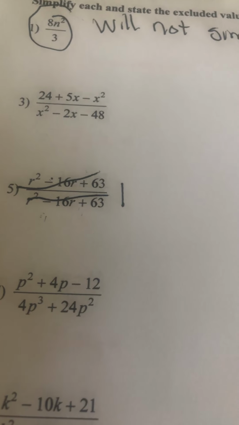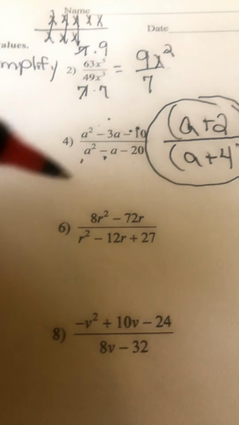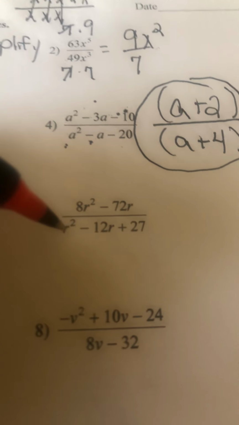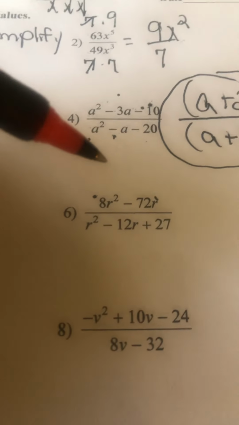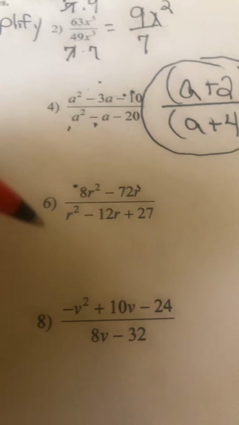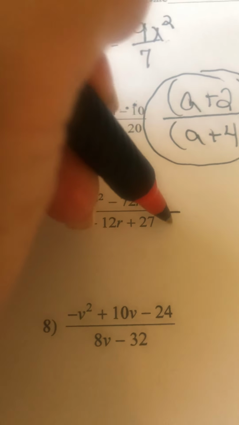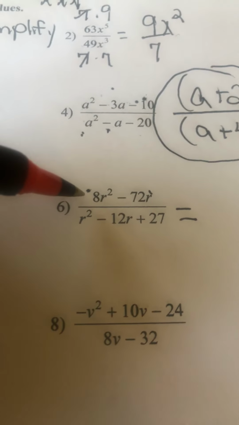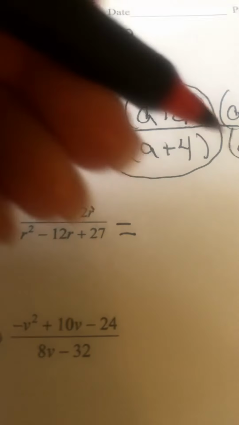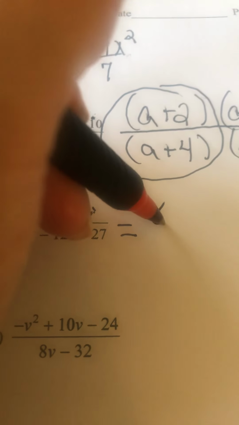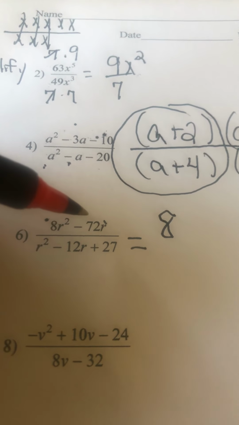Then we are going to come over here to this one. Notice the numerator only has two terms. It is a binomial, so obviously I can't factor it into two binomials. But what we have to do anyway is factor out the GCF. Our GCF factored out here is going to be 8, because 8 will go into 8, and then 8 will go into 72.